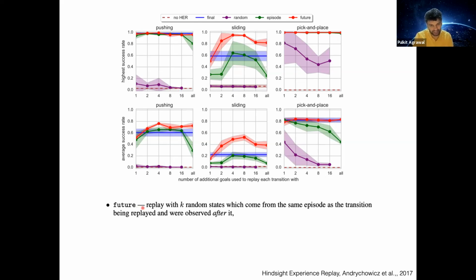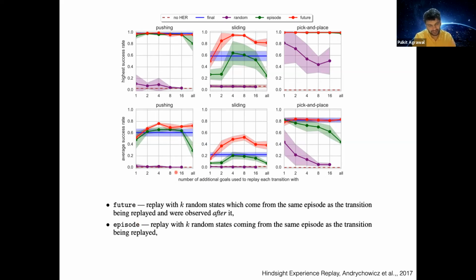For example, what you can say is, given my current state, the state after k time steps is my goal, right? Which is what they call future. Or, you can say I'm going to choose any k states in my episode and call them goals, right?